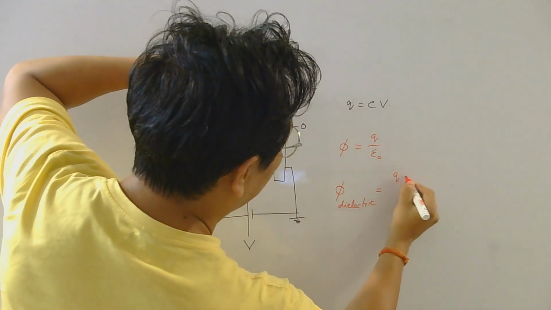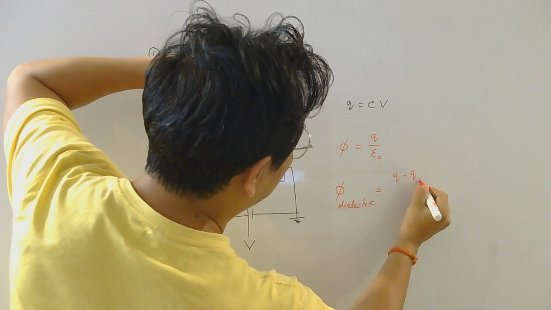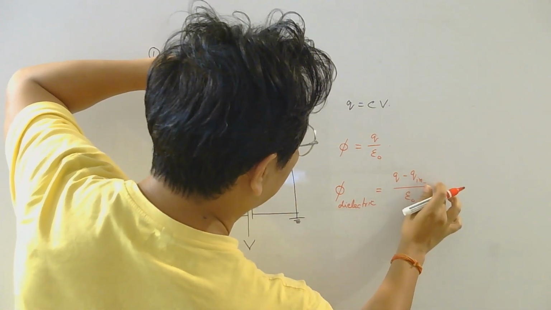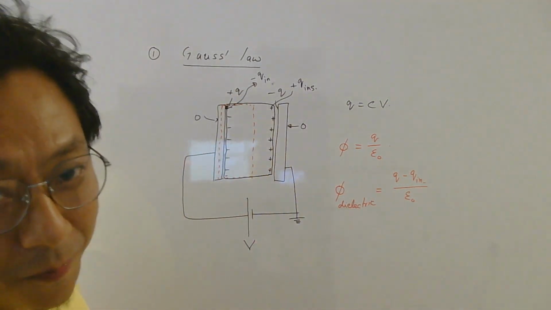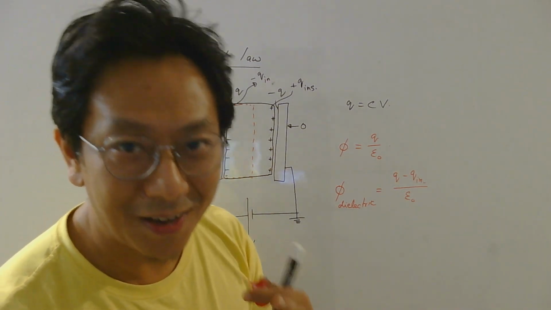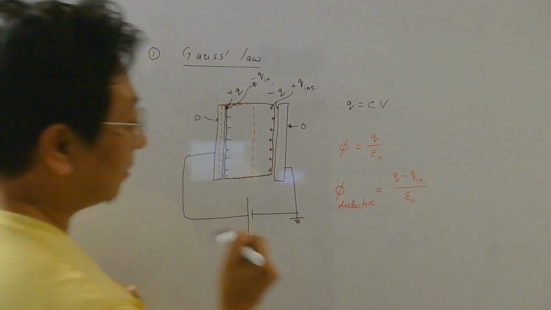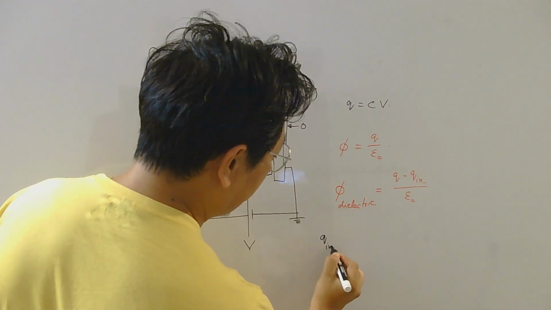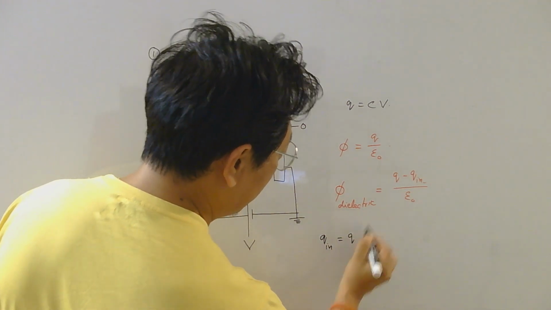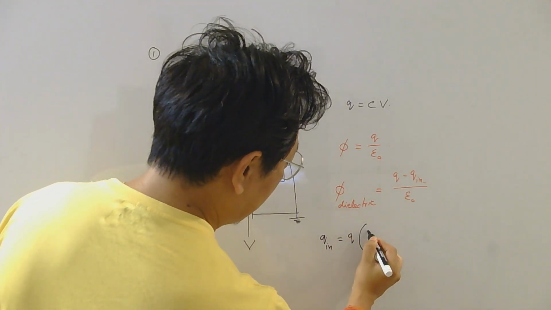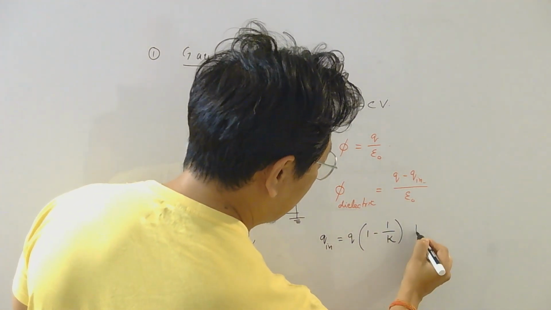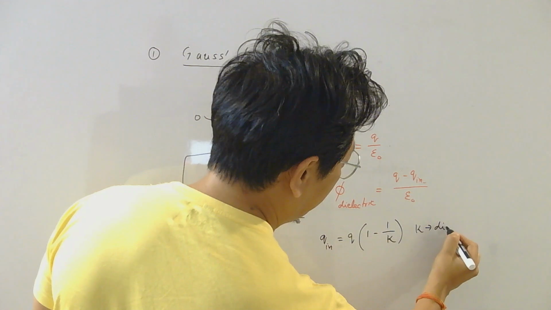So the total will be Q minus Q induced divided by epsilon naught. This is how we should use Gauss law if there is a dielectric. Now we should know that the formula for Q induced is equal to Q, the given charge, into 1 minus 1 by K, where K is the dielectric constant.